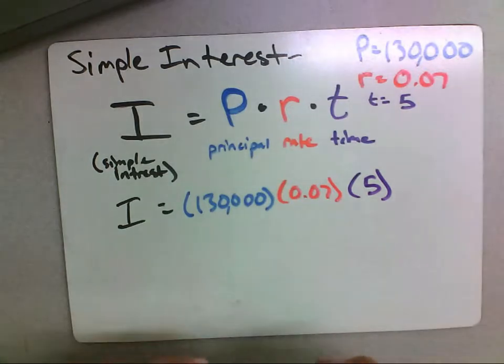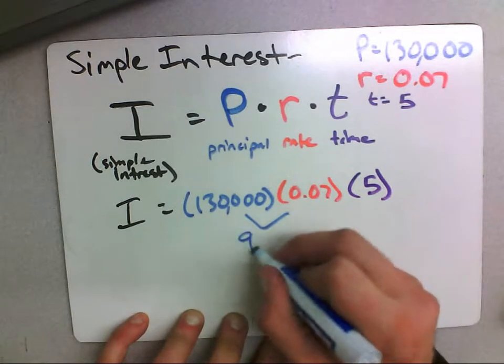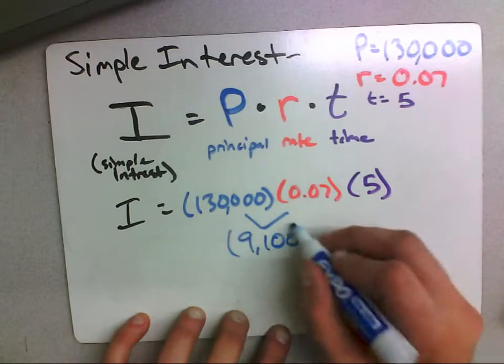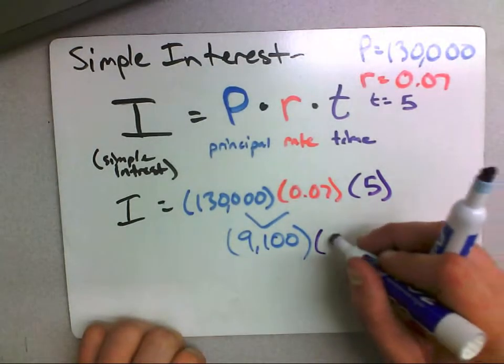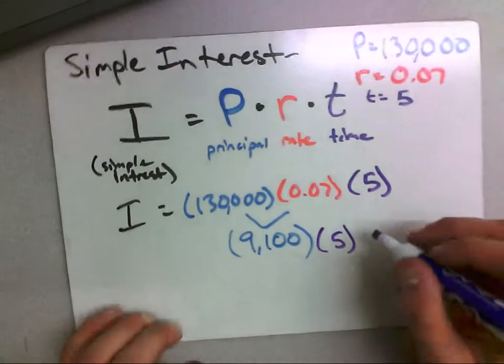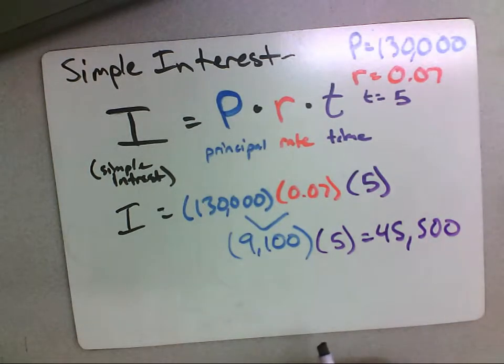And we can do this in any order we want, really. 130,000 times 0.07 is going to give us $9,100 times 5. If we simplify that even further, we're going to get $45,500.